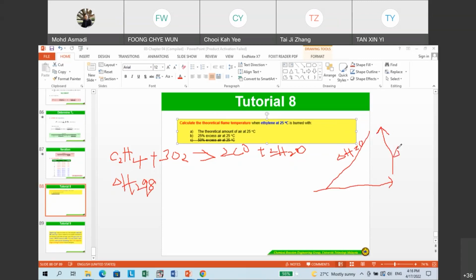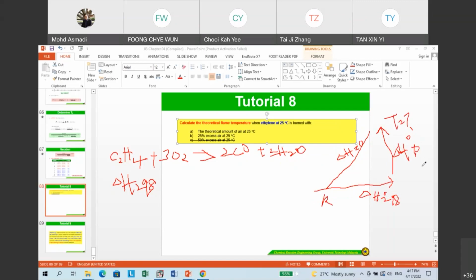Then delta HP, and delta H 298. This one is the reaction, and this is the final temperature.